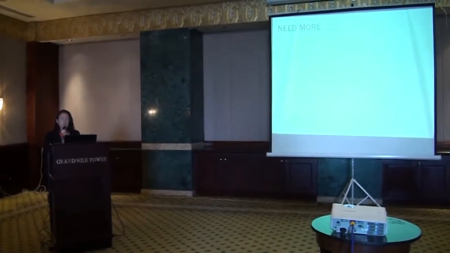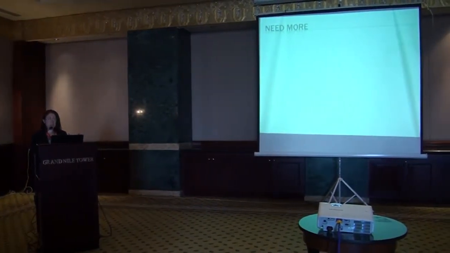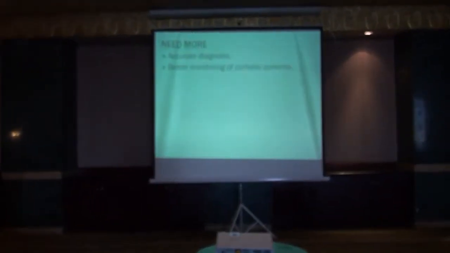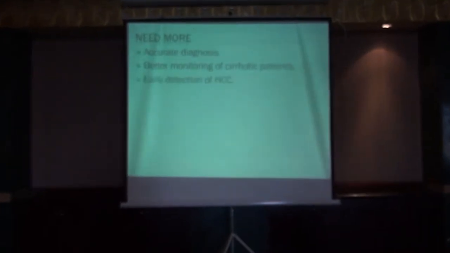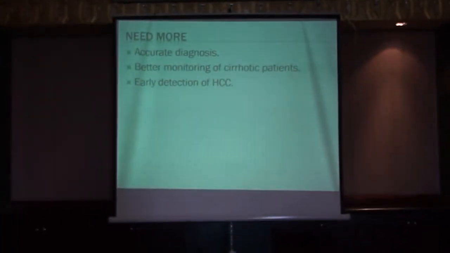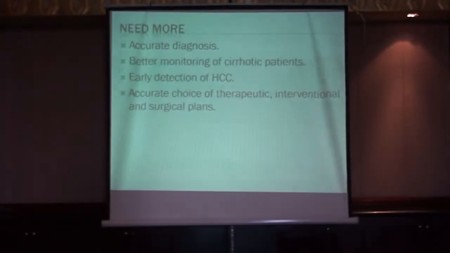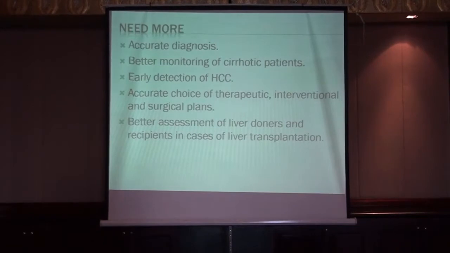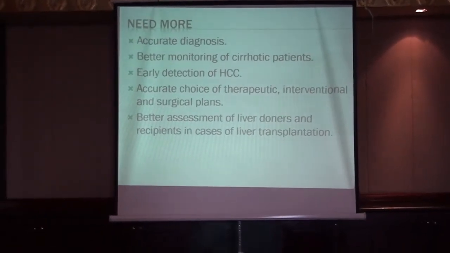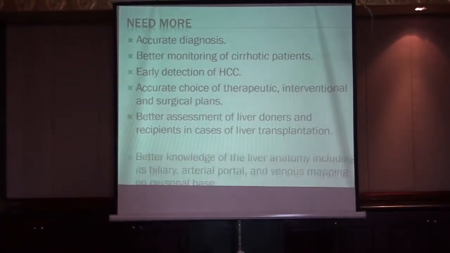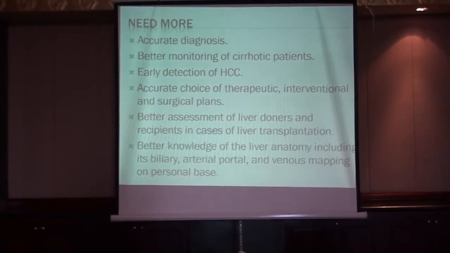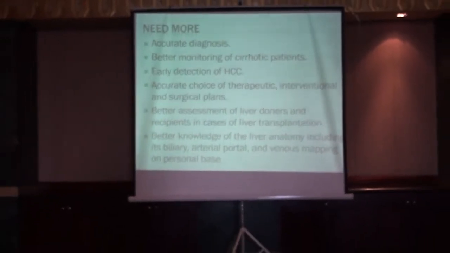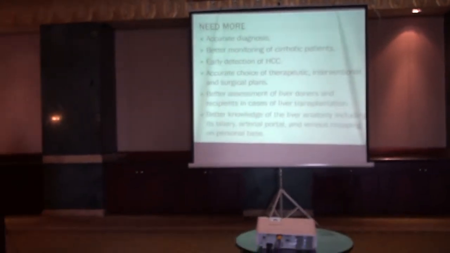That's why we have a desperate need for more accurate diagnosis, better monitoring of cirrhotic patients, early detection of HCC, accurate choice of therapeutic interventional and surgical plans, better assessment of liver donors and recipients in cases of liver transplantation, and better knowledge of the liver anatomy, including its biliary, arterial, portal and venous mapping on personal base.